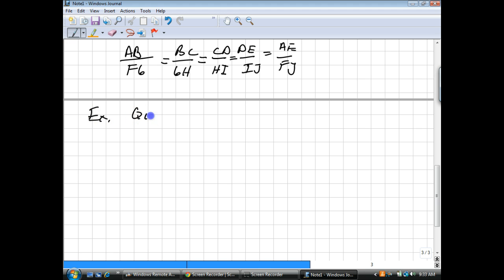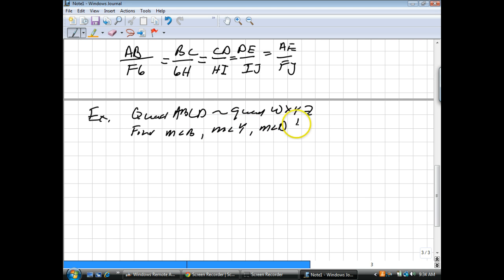So if quadrilateral ABCD is similar to quadrilateral WXYZ, find the measure of angle B, measure of angle Y, measure of angle D, and measure of angle Z. And here's our picture.